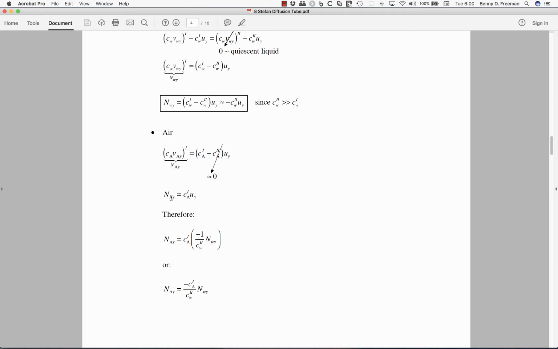And what this says then is that the flux of air is equal to the rate at which the liquid vapor interface decreases or moves times the concentration of air.